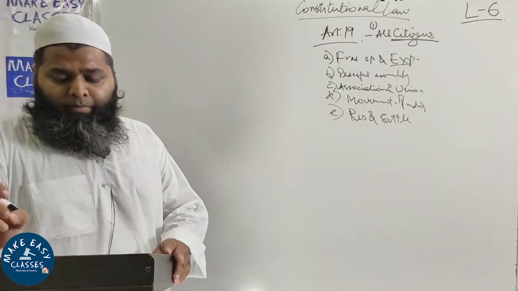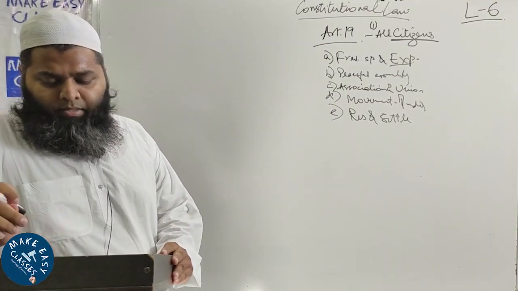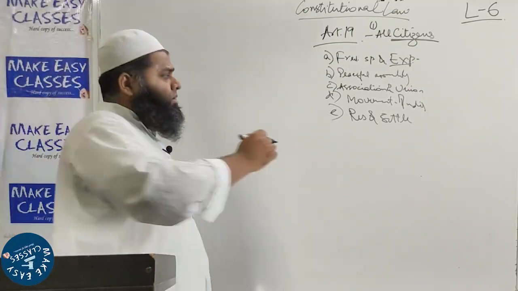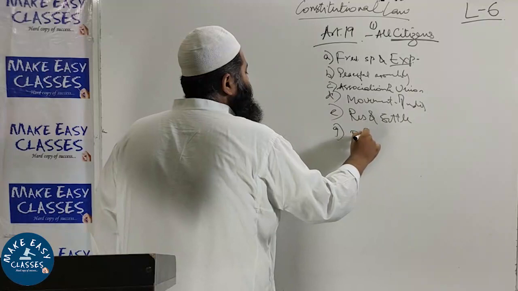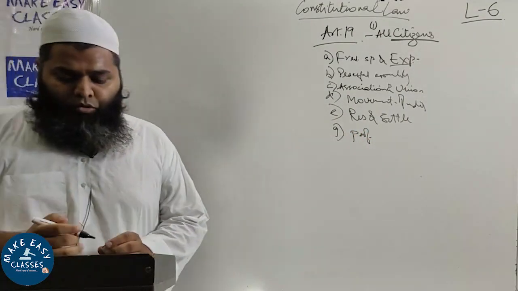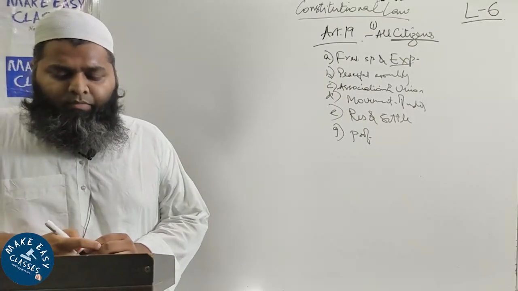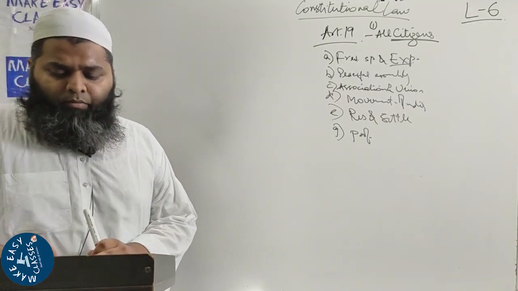And F is omitted. And G says to practice any profession or to carry on any trade. So these are basically the freedoms which are provided, certain rights regarding the freedom of speech.